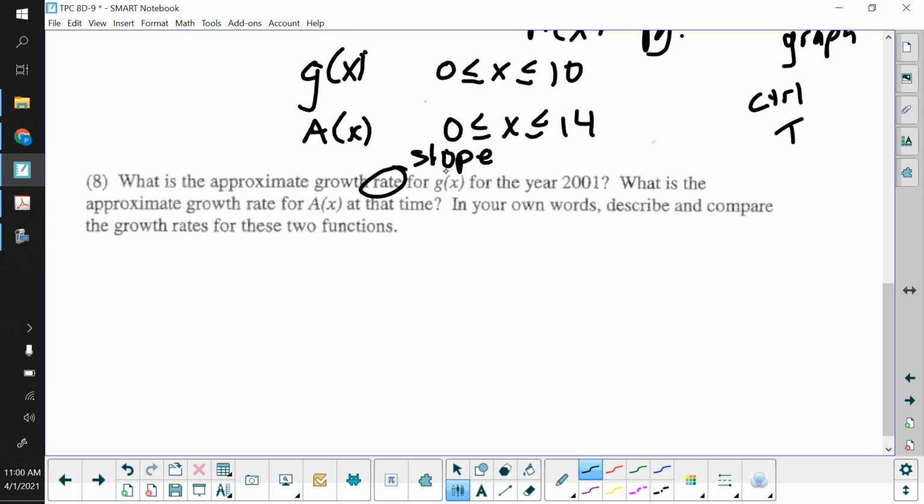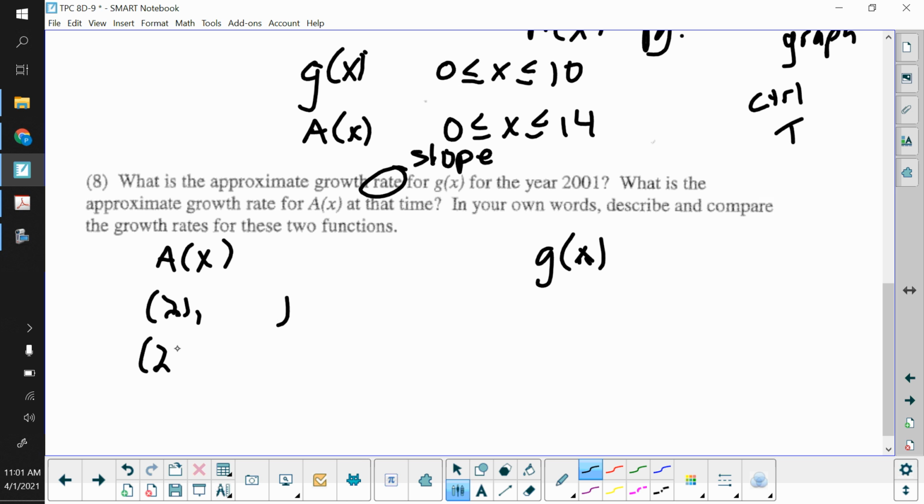So we're going to be doing this with our 0.01s. Since X is years since 1980, 2001 will be 21 years later. So for each of these, for a of x and for g of x, you should have 21 and find what the Y value is.